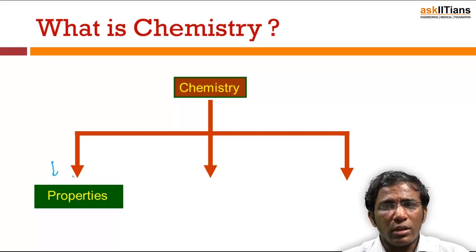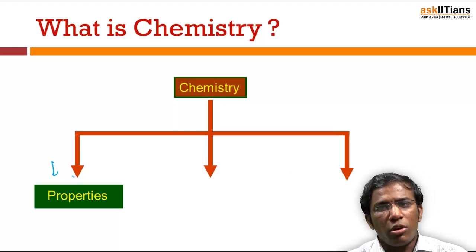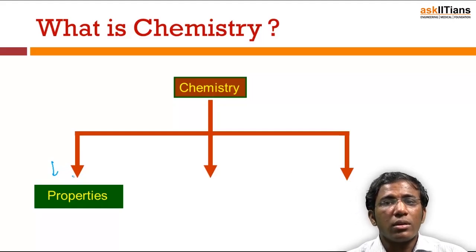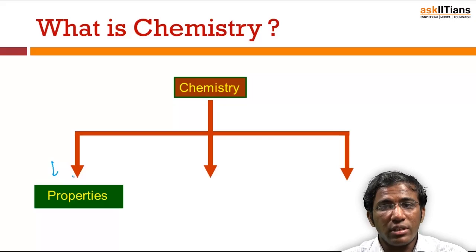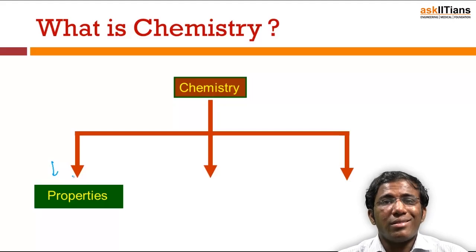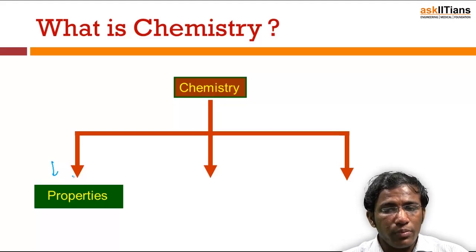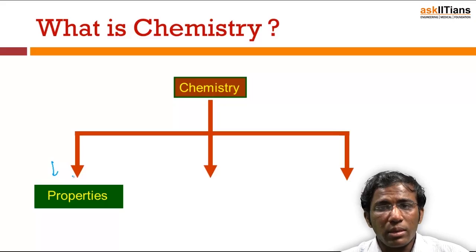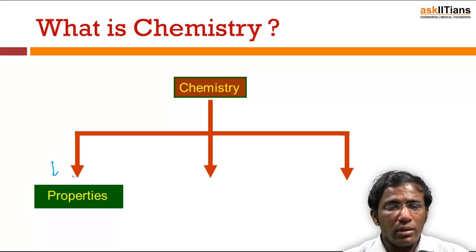Physical properties include melting point, boiling point, solubility and density, and we will also learn about chemical properties, that is, reactivity and all that. So in chemistry we study the properties of chemical substances, and the next thing is their structure.